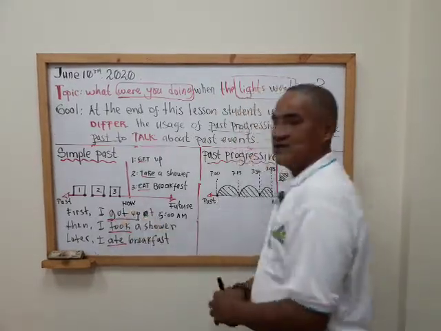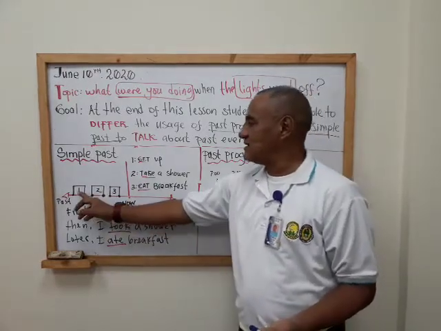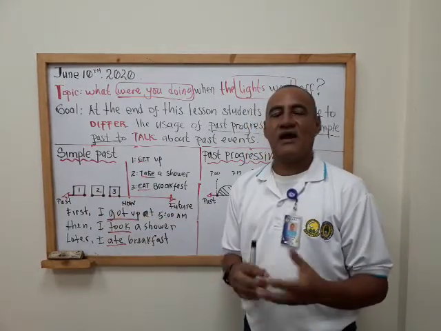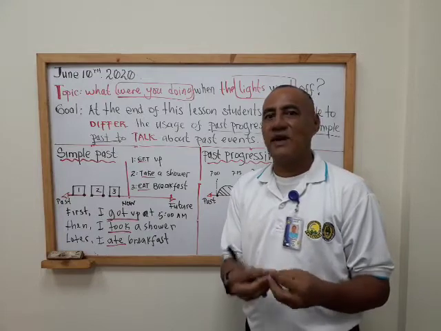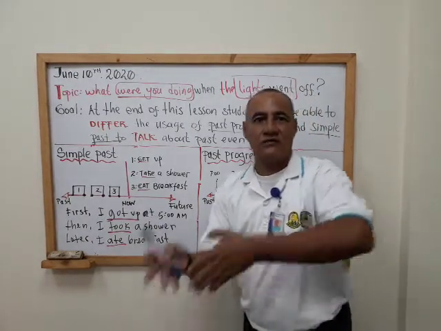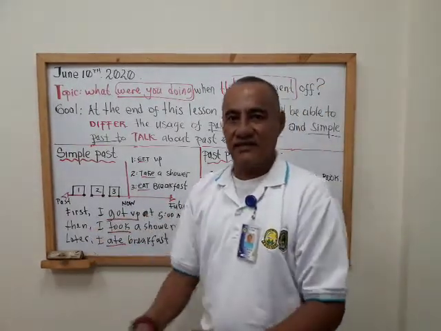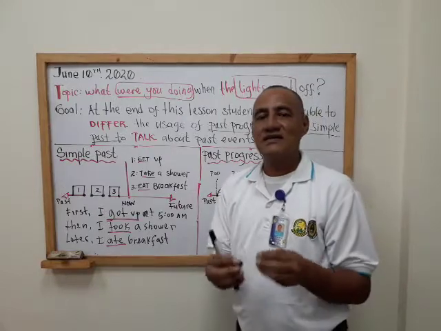You see? So what I want to show with this is that these activities, they are not interrupted by themselves. So I did first one, later on I did another, later on I did another activity. So they do not get interrupted.